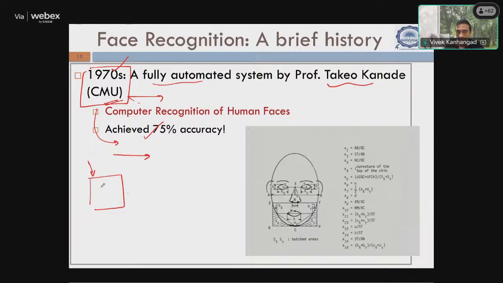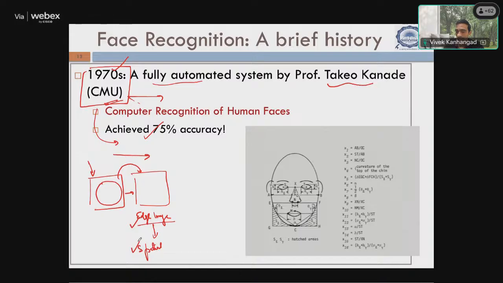Given a grayscale face image, he first computed what we call an edge image. How to compute edges? You can compute edges using some basic spatial filtering operations. If you're familiar with the convolution operation, in order to compute edge images you require some sort of high pass filter, followed by some post processing, for example the Canny edge detector.